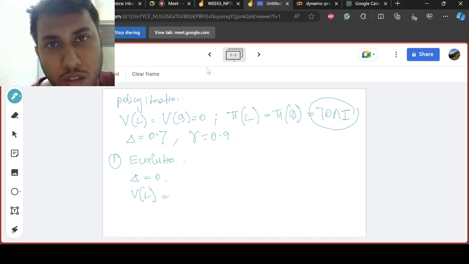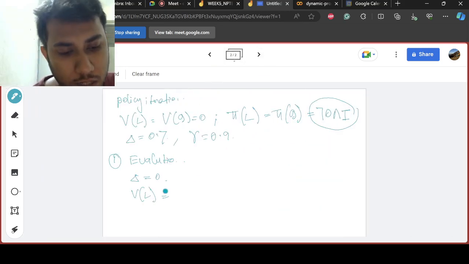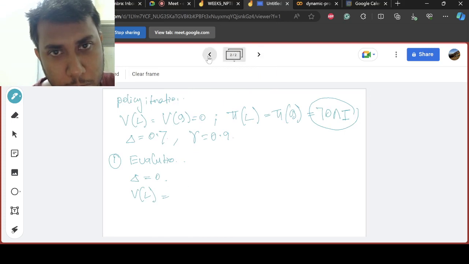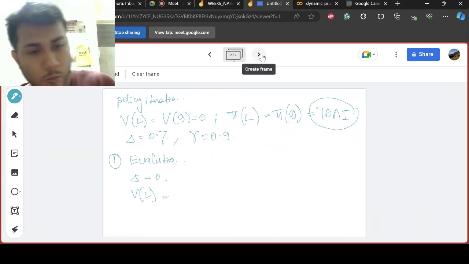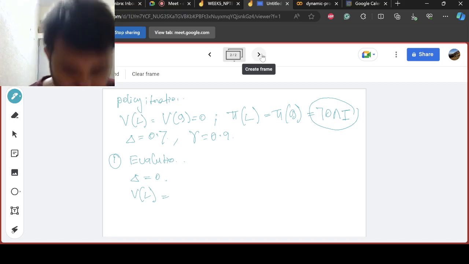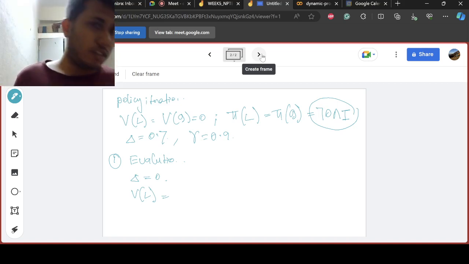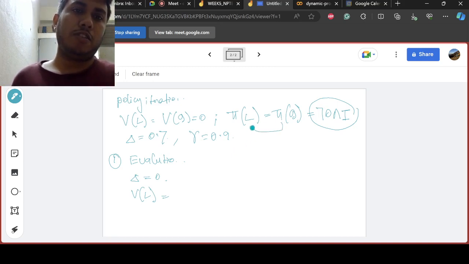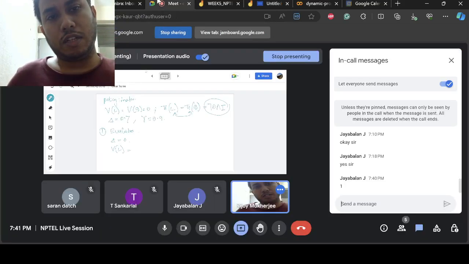Let's see what it is. The value function of L is basically, according to this policy, the next state in this case is this, and the current state is this.